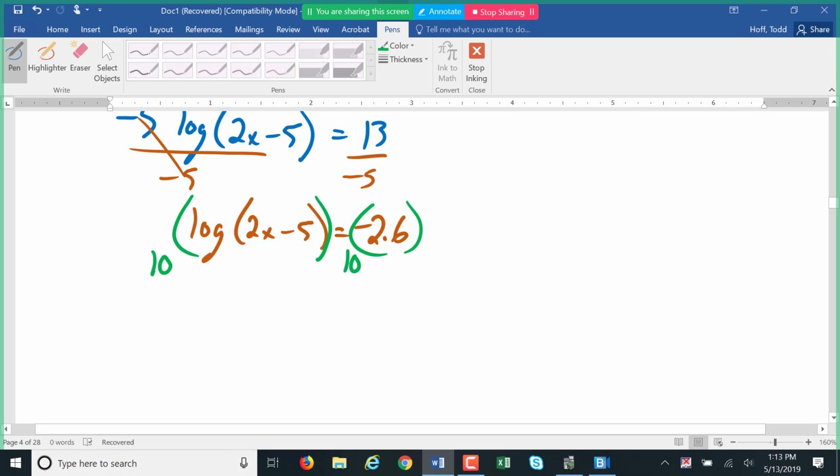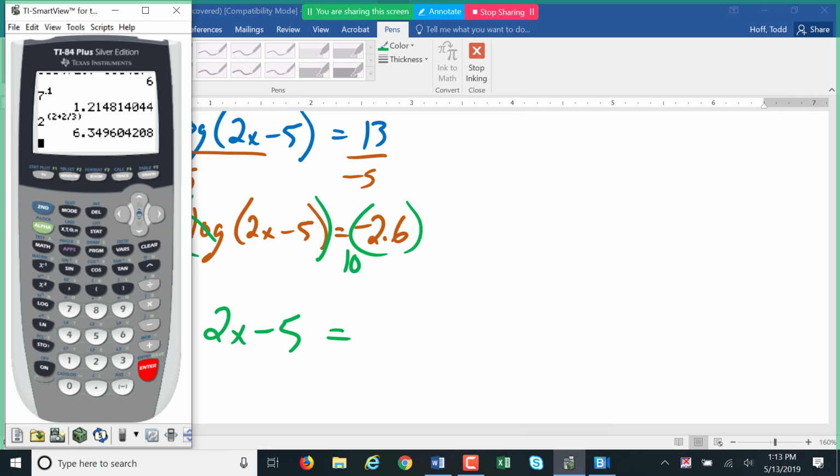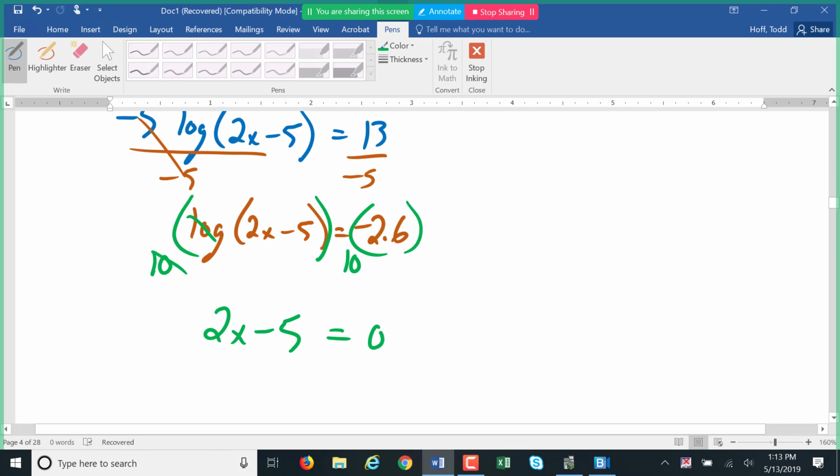It's going to be 10 to the power of, because that's log with nothing written there, so we assume it's log base 10. That cancels to give us 2x minus 5 equals 10 to the power of negative 2.6, which can be done. It's 0.0025.